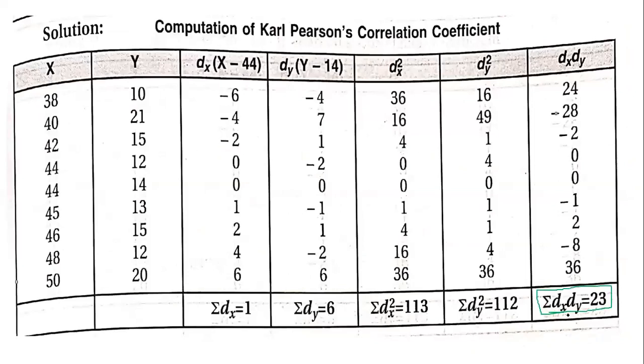Then sigma dx is 1, sigma dy is 6, sigma dx square is 113, and sigma dy square is 112. Familiar with the numbers? Once again, sigma dx dy is 23, sigma dx is 1, sigma dy is 6, sigma dx square is 113, sigma dy square is 112. Now let's apply everything into the formula.